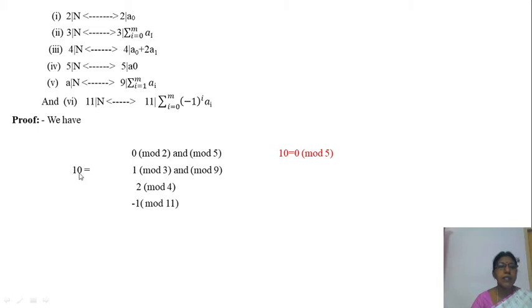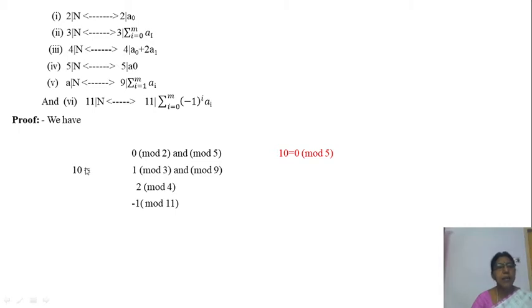So there is another line: 10 congruent 0 mod 2 and 10 congruent 0 mod 5. 10 congruent 0 mod 5 means 5 divides 10 minus 0. What is 10 minus 0? 10. So 5 divides 10. Is it right? Yes. Similarly, 10 congruent 0 mod 2 means 2 divides 10 minus 0, and 2 divides 10. Right.